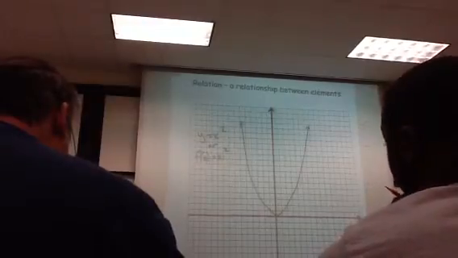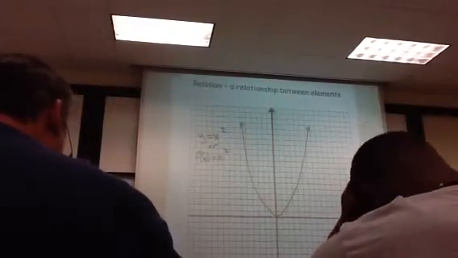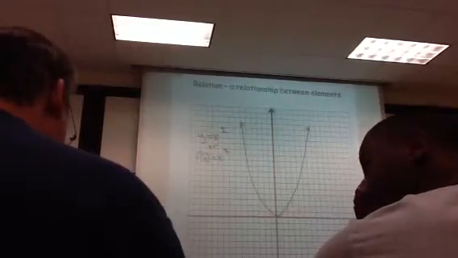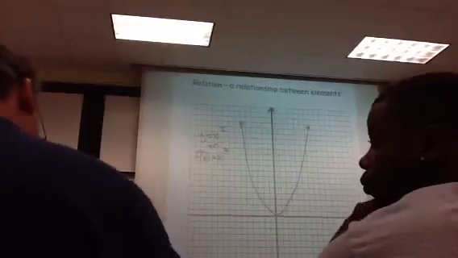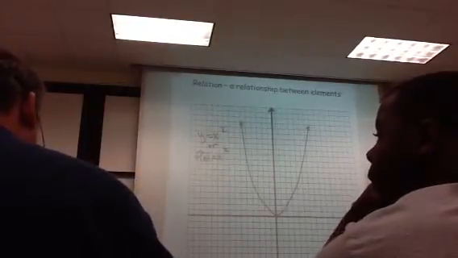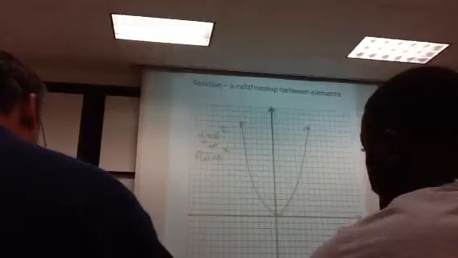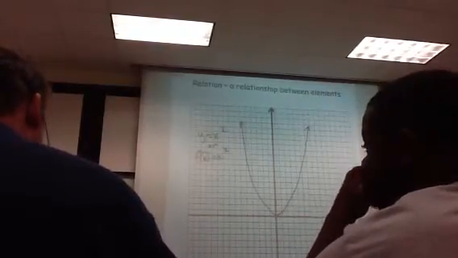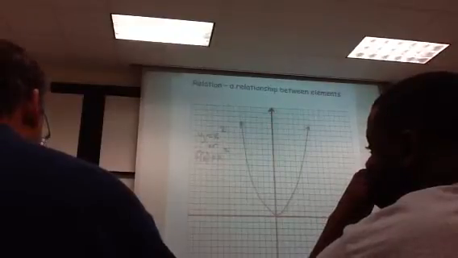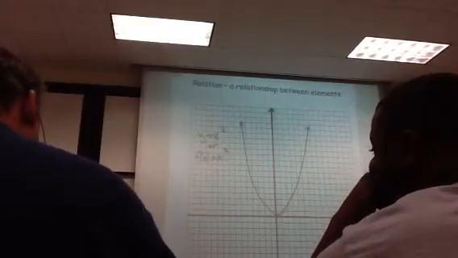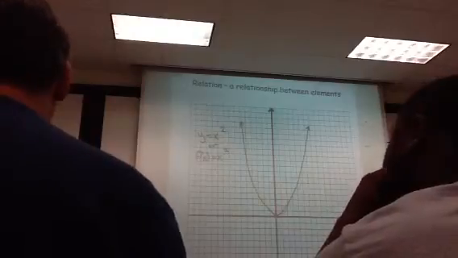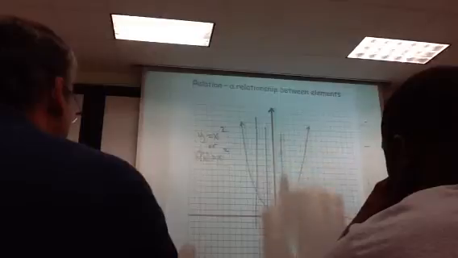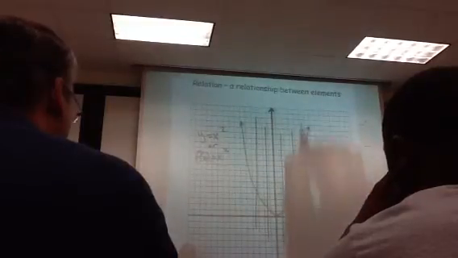So I have another test when I have a graph. Anybody know what it is? Yes, the vertical line test. The vertical line test is the one that determines if this guy is a function or not. Here's what you do. You ask yourself the question, is there any vertical line, and you've got to use your imagination, is there any vertical line that is going to cut this graph in more places than one?